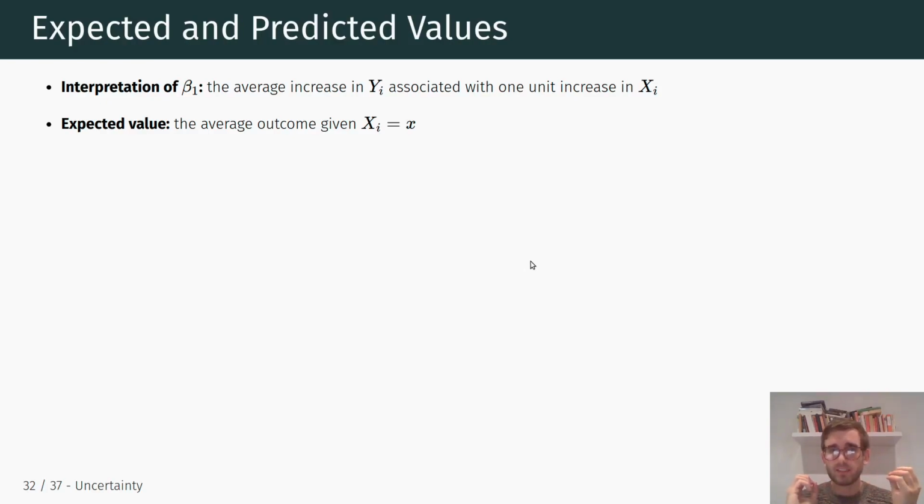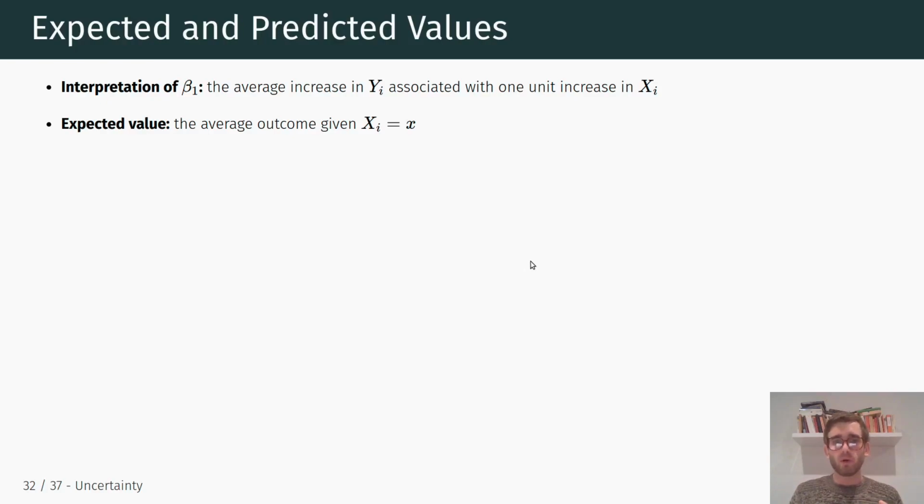In many cases, it's a little bit difficult to interpret just beta 1 or some slope parameter on its face, and so what we often want to do is compute expected values or predicted values for specific scenarios. We had examples like that previously, especially in the context of interpreting regression coefficients, where we wanted to compute predicted values for specific scenarios, right?